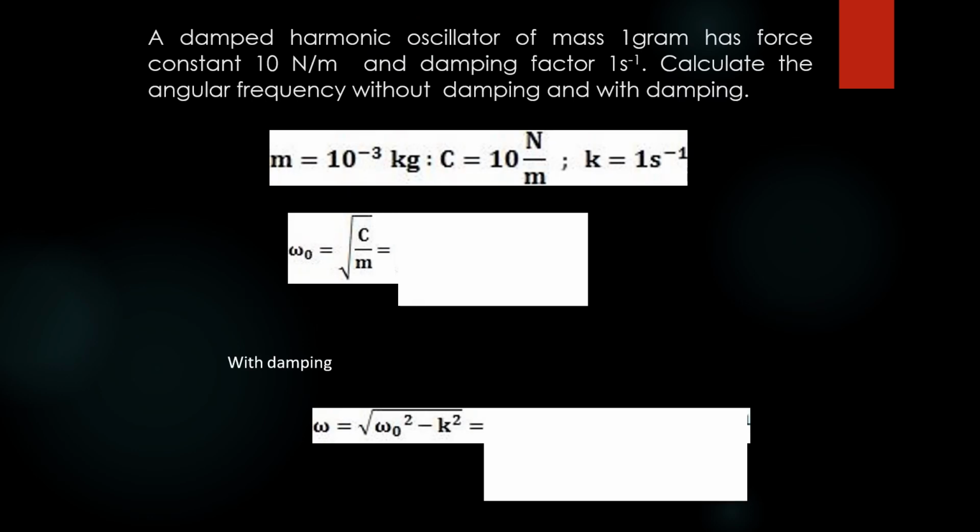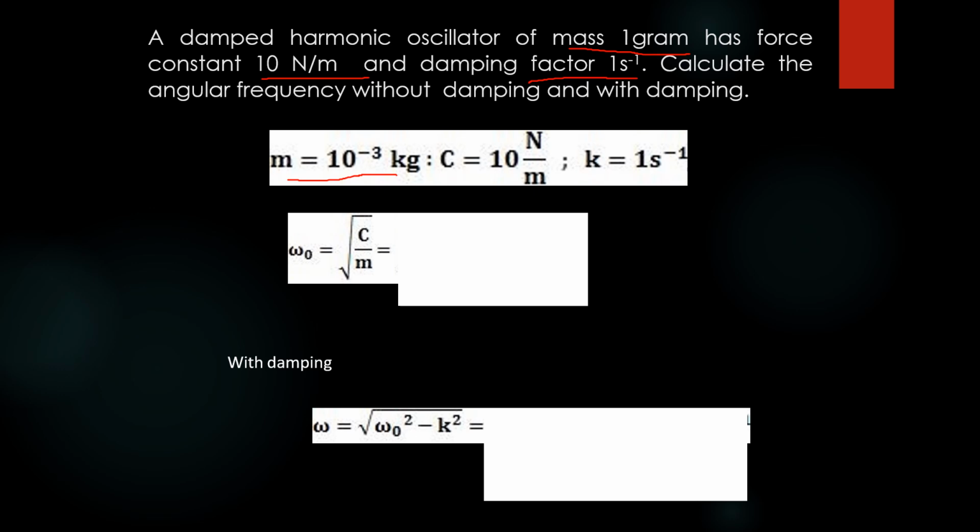Now you see this problem. A damped harmonic oscillator of mass 1 gram has force constant 10 Newton per meter and damping factor 1 per second. Calculate the angular frequency without damping and with damping. So here m is 1 gram. You have to write it as 1 into 10 raised to minus 3 kilogram.